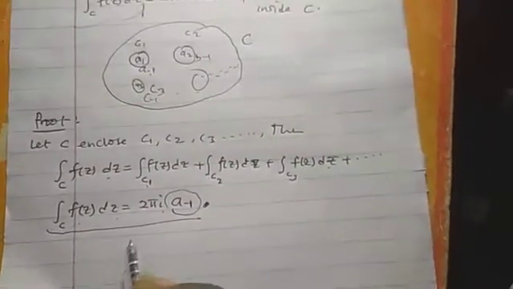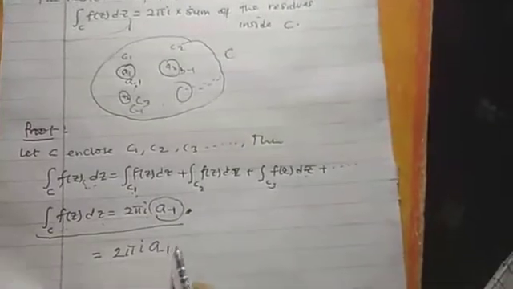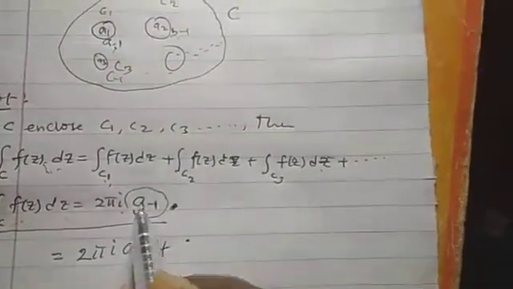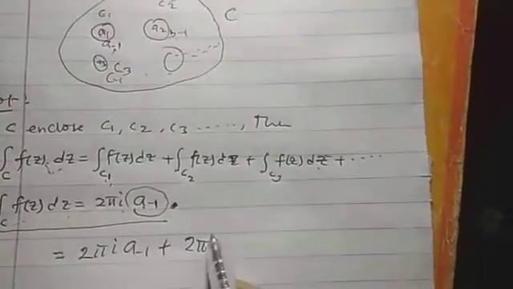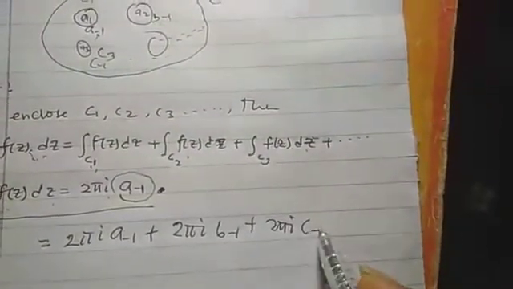So in that case, this equation will now become, on C1, 2 pi i times a minus 1, where a minus 1 is the residue. On C2 we have b minus 1, that is the residue, so it will also give me b minus 1. Similarly, this one will be 2 pi i c minus 1, and so on.